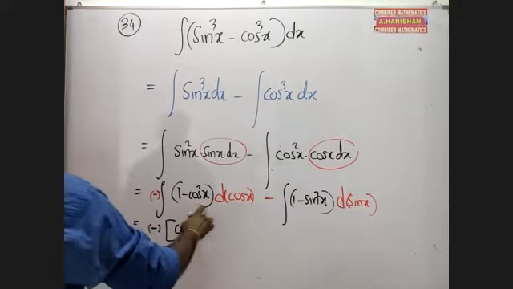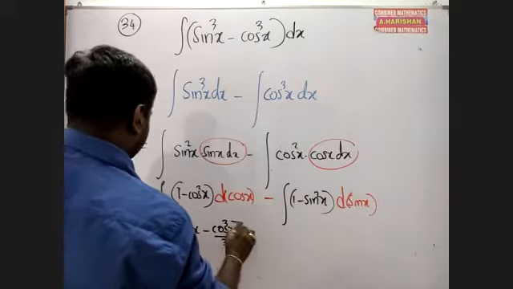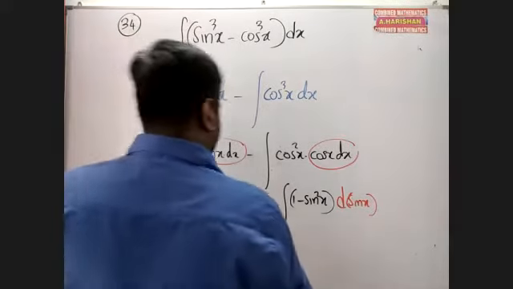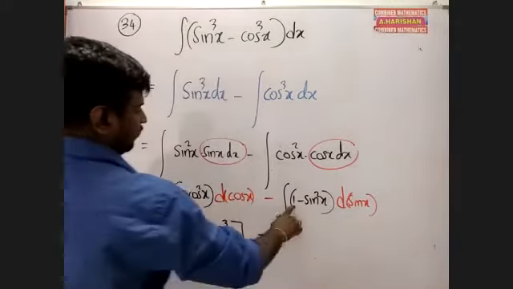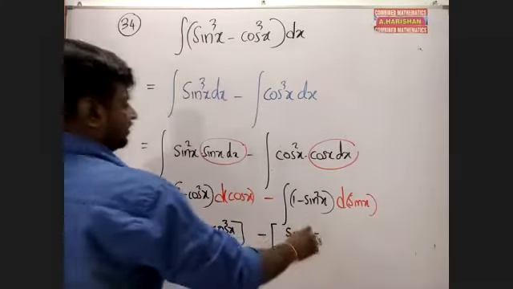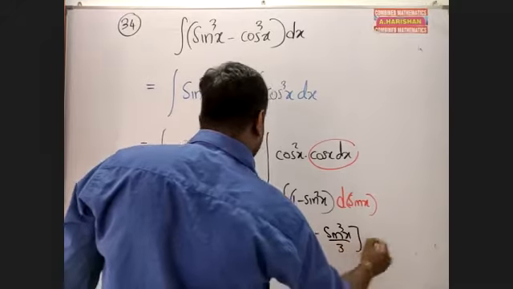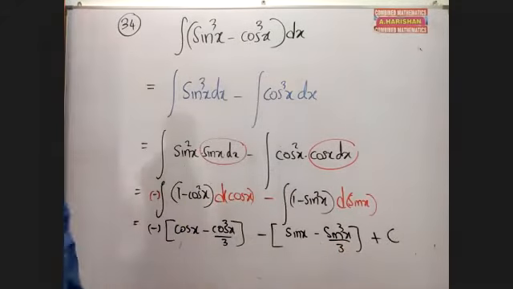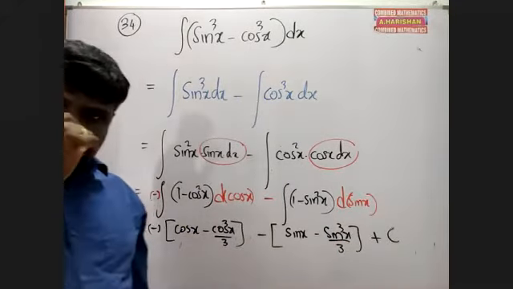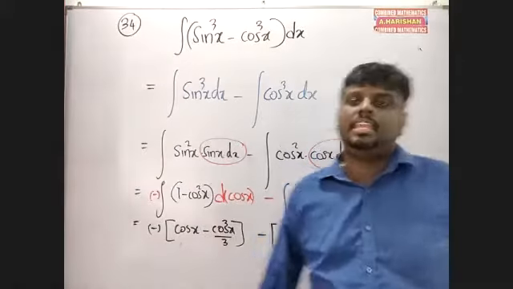If you integrate cos square x with respect to cos x, then cos cube x by 3. Understood? Minus bracket. If you integrate 1 with respect to sin x, sin x. If you integrate sine square x with respect to sin x, sin cube x by 3. That's it, plus c. If you want, you can simplify. So using the knowledge we have gained, you can do anything, right?